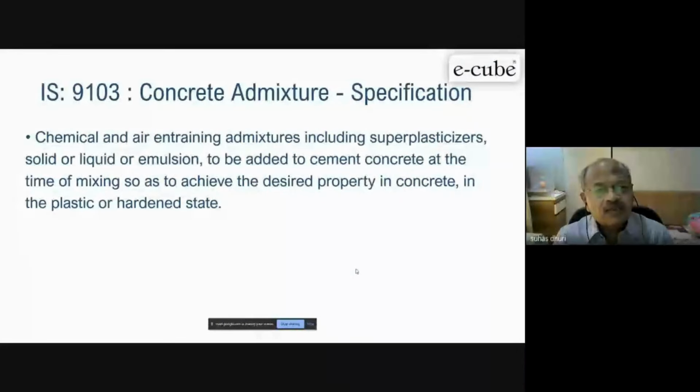We have an IS code for this, IS 9103. In that, a specification of chemical admixtures is given. Chemical and air entraining admixtures, including superplasticizers, solid or liquid or emulsion type, are to be added into the cement concrete at the time of mixing so as to achieve desired properties in concrete in both plastic as well as hardened stage.